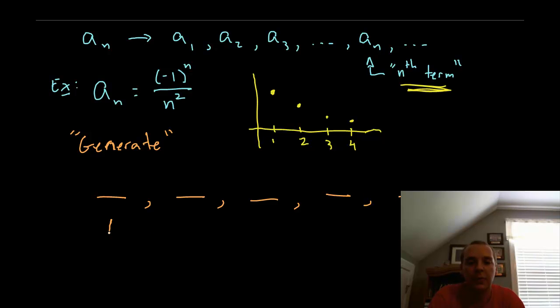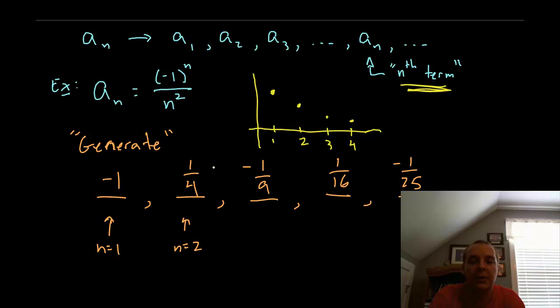When n is 1, negative 1 to the first over 1 squared is negative 1. When n is 2, you have negative 1 squared over 2 squared, so you get one fourth, and then negative one ninth, and then positive one sixteenth, and negative 1 over 25, etc.